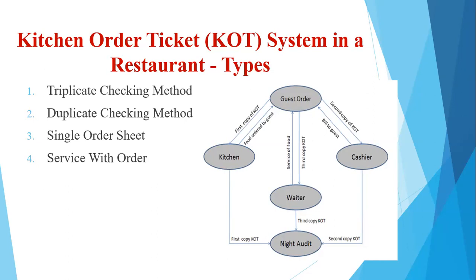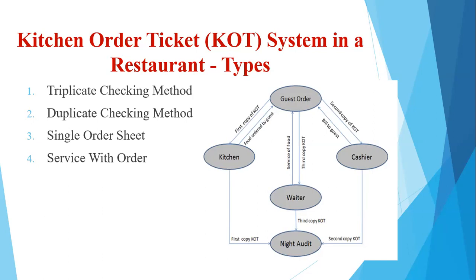So many organizations following this system may have an order sheet that is printed along with the menu. After taking the order from the guest, the waiter writes it on the KOT, and calls for the order verbally over the hot plate. When the guest requests for the bill, the waiter prices the order sheet and hands over the same copy as a bill.